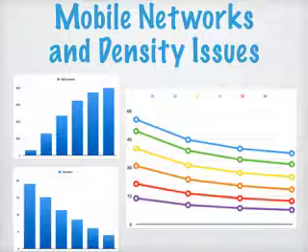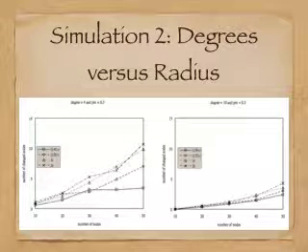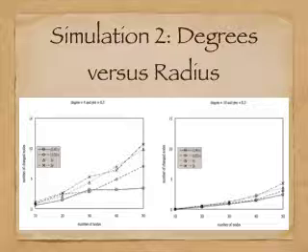Now, the second part is our simulation for degrees versus radius. In this slide is our second part of simulation. After we introduce the degree model, we try to compare the degree model versus the radius.